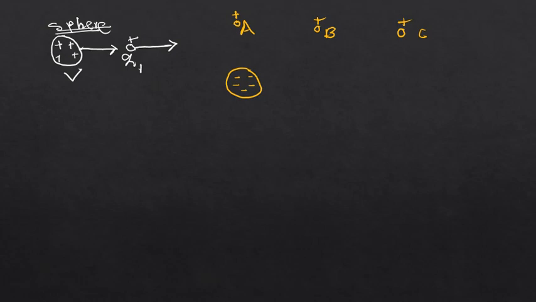Notice that because A is positive and the sphere is negative, A is going to feel an electric field which will be attracting it in this direction.